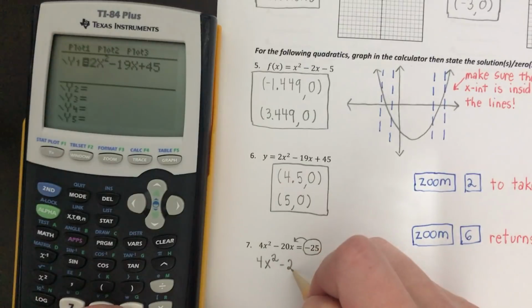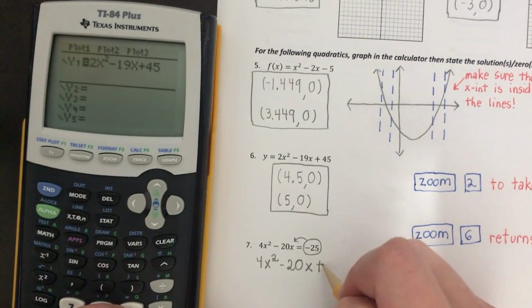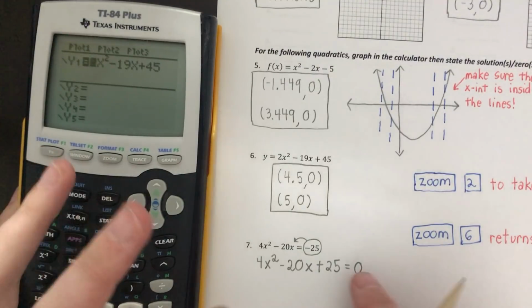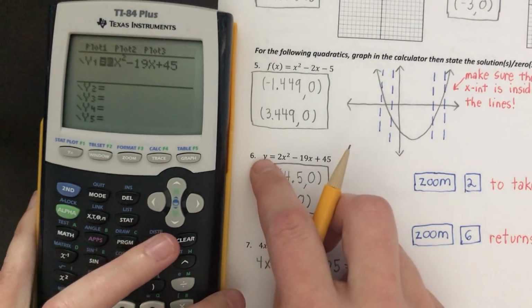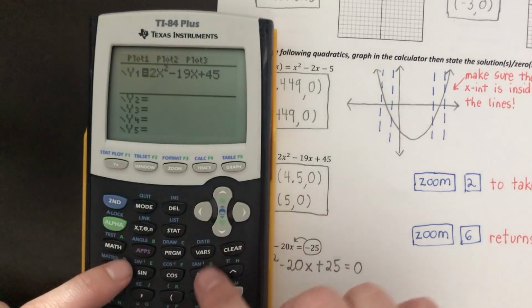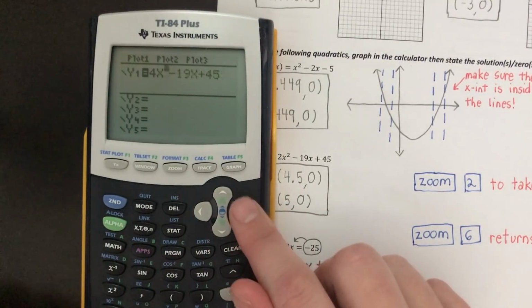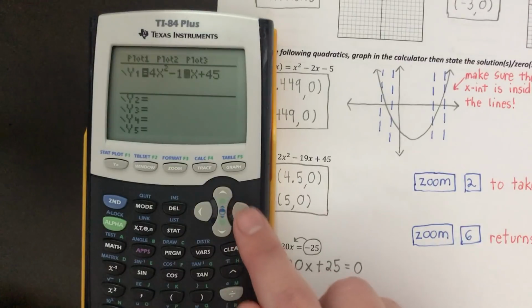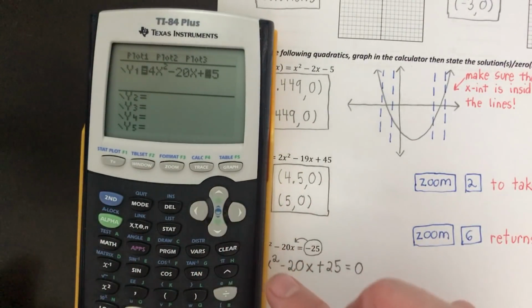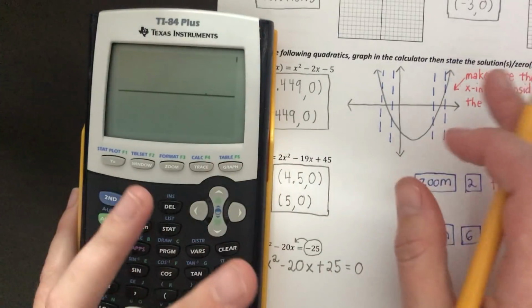So 4x squared minus 20x plus 25 equals 0. Okay, and that makes sense that we have equals 0 because we know our y value is going to be 0 for an x-intercept. So I'm going to plug in 4x squared minus 20x plus 25, hit graph.